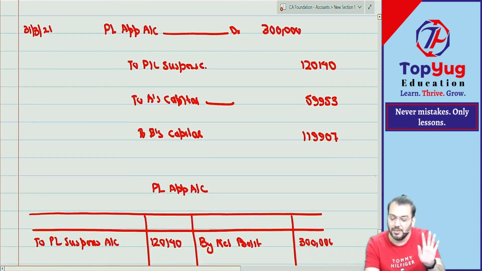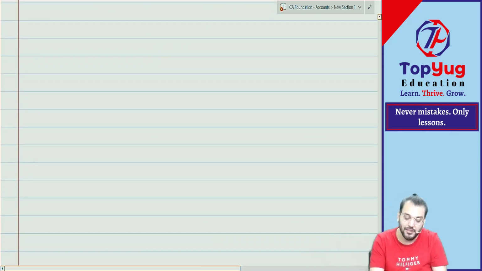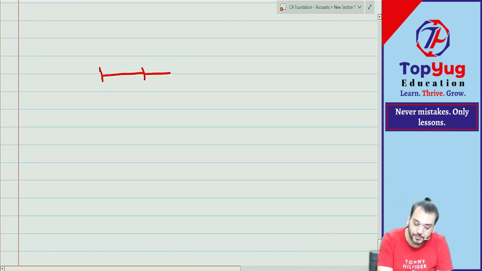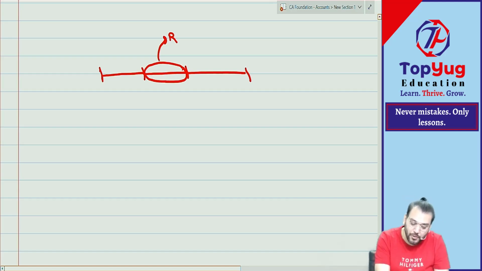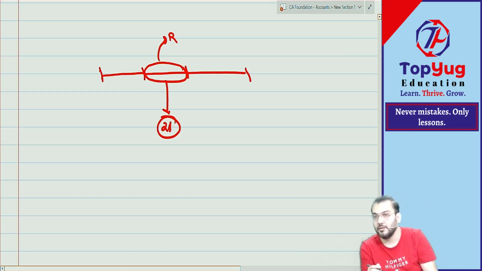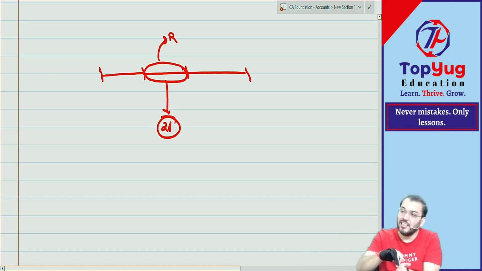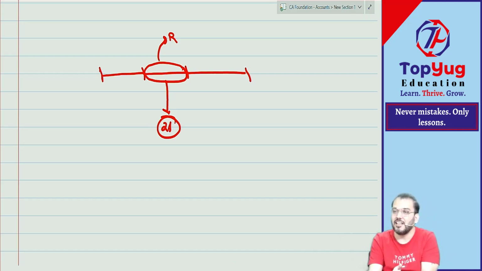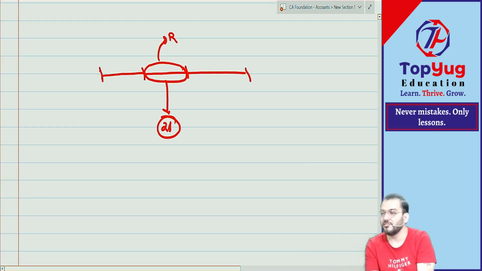Let me check whether you have understood. Suppose this is the period of relief, and he was entitled to 2% interest, which the partnership firm has agreed to pay. Now is he entitled to relief, yes or no?